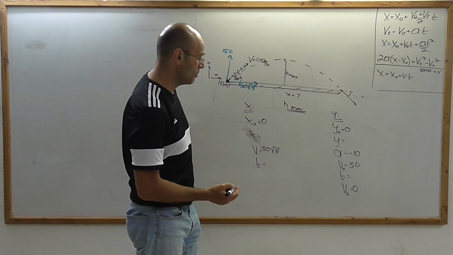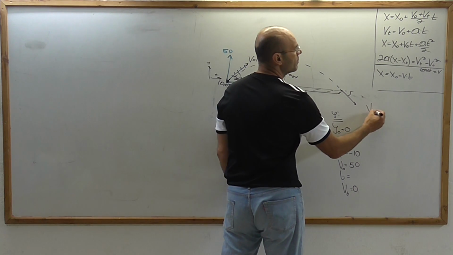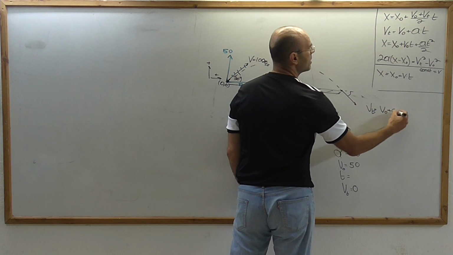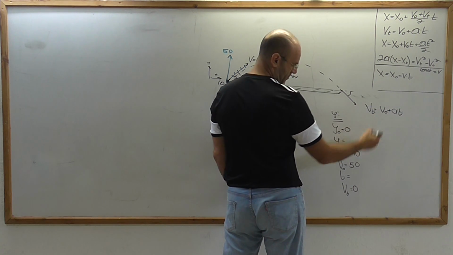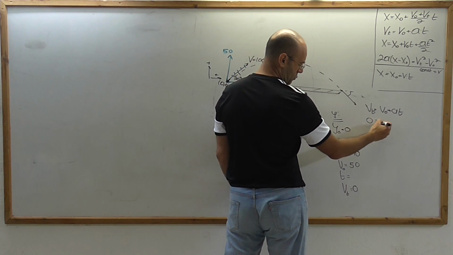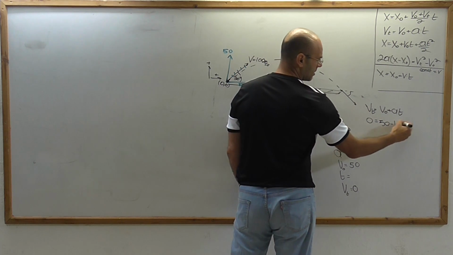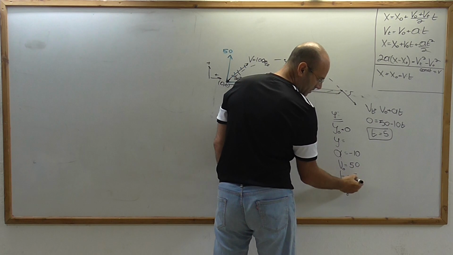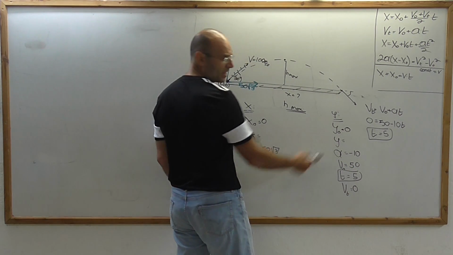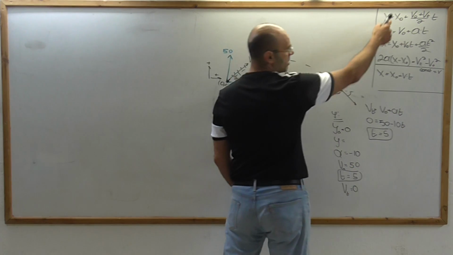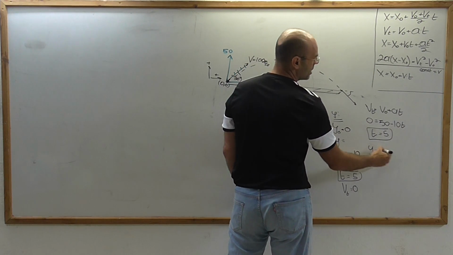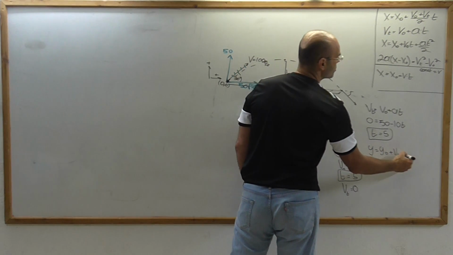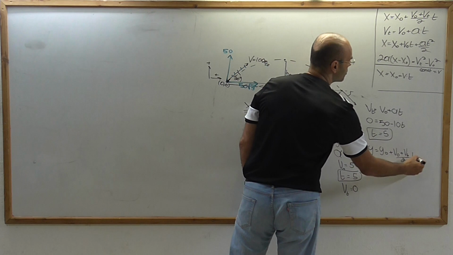Let's find first of all the time. So V final equals V0 plus at. So I'll get V final, which is 0, equals 50 minus 10t. T equals 5. So it's 5 seconds to reach the top. Let's find the final height with this equation. Y equals Y0 plus V0 plus V final, divided by 2, over t.